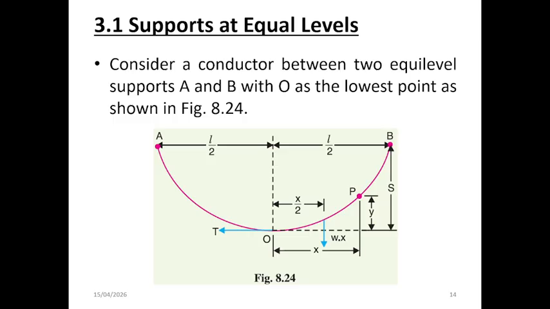So for example, for point P, if we want to find the tension here, if this distance is X and the height of P from O is equal to Y, then the weight component W times X will give us the tension.